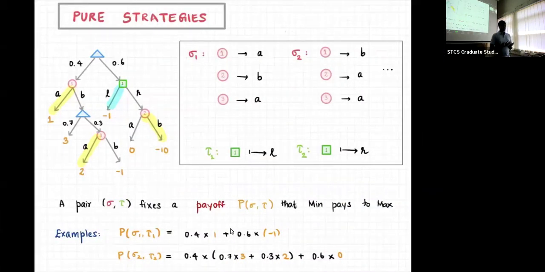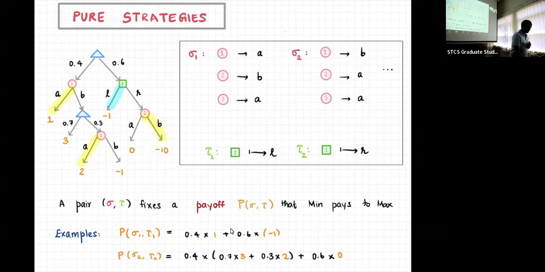Now, for these games, you want to compute certain quantities. Before computing them, we need to say what the strategies for players are. What are pure strategies? It's just a function from your own nodes to the actions that you intend to play.